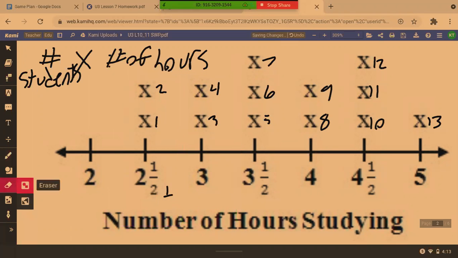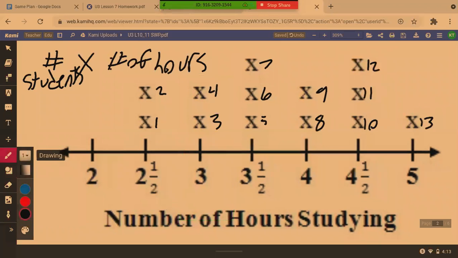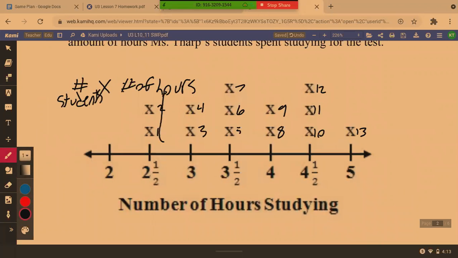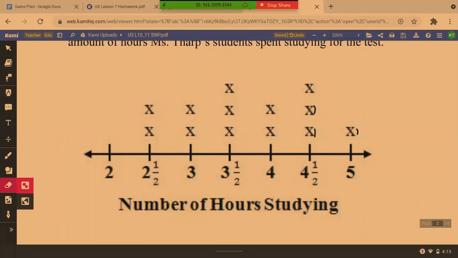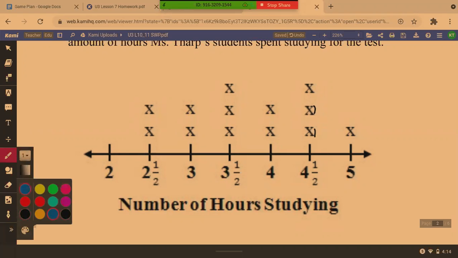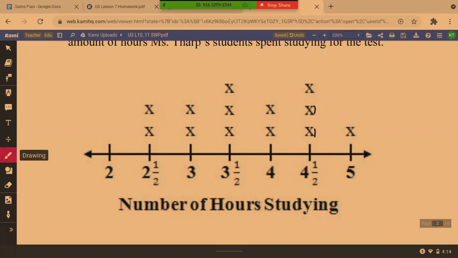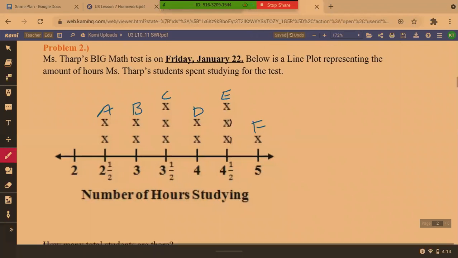So let me clean up and zoom out. Okay. So I'm going to label these. That way, y'all know what I'm talking about and know what I'm referencing.